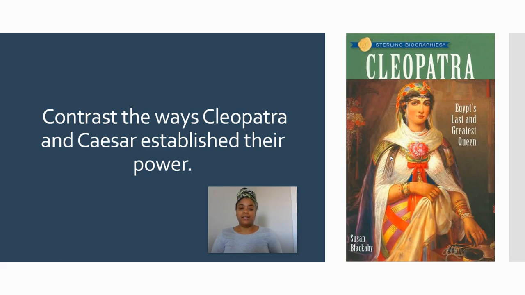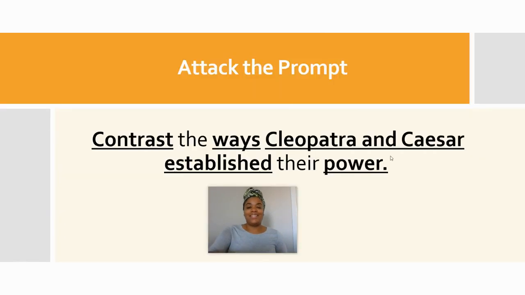Ten more seconds. All right, scholars, we're moving. So we need to go in and attack the prompt. And as you can see, I have already attacked the prompt. There are keywords that are sticking out to me. One, I know that I need to make a contrast.